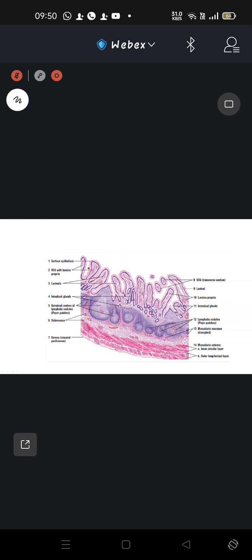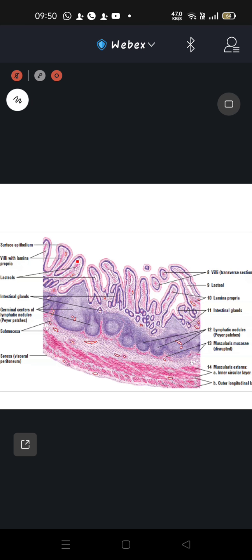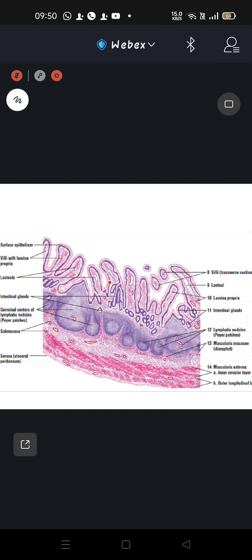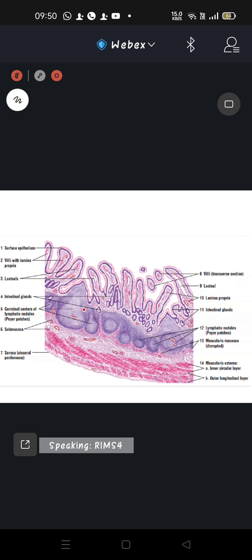The mucosa has villi, and the villi are short, slender and lesser in number. And also they have plenty of goblet cells. The number of goblet cells has increased. And the lamina propria has this diffuse lymphocytic penetration, and some of them even have this extension of the Peyer's patches lying in the submucosa beneath.